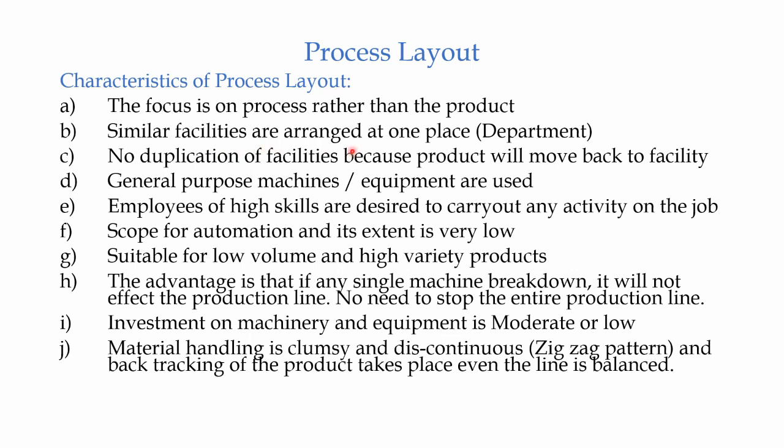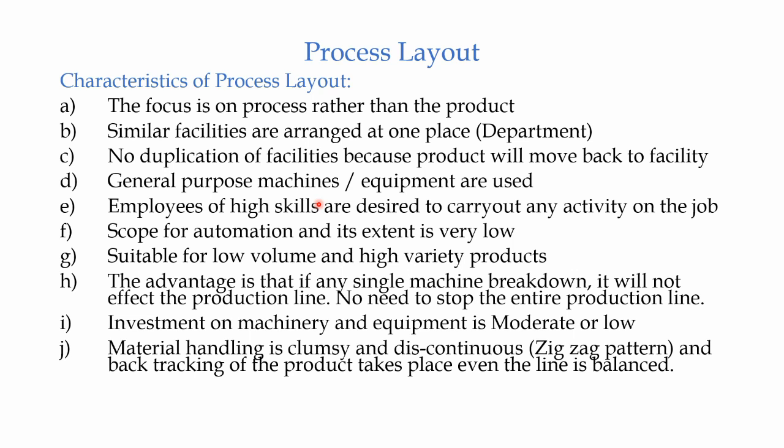Similar facilities are arranged at one place in a department, with no duplication of facilities. Here we can use general purpose machines, and as we are using general purpose machines, employees of high skills are desired to carry out any type of activity on the job. There is scope for automation, but its extent is very low because there is backtracking of the materials between different departments.